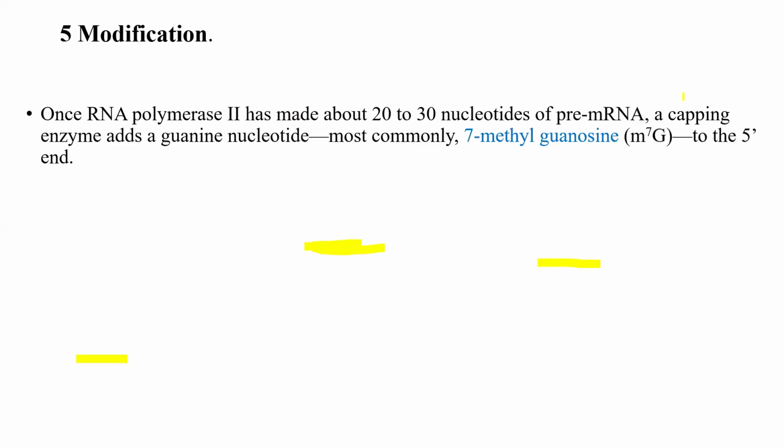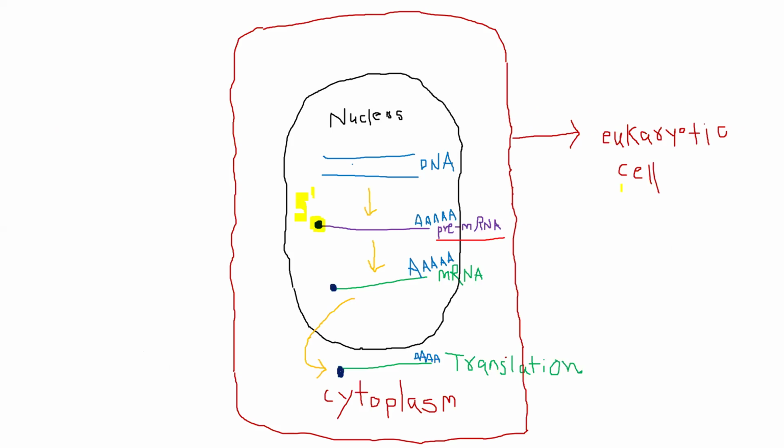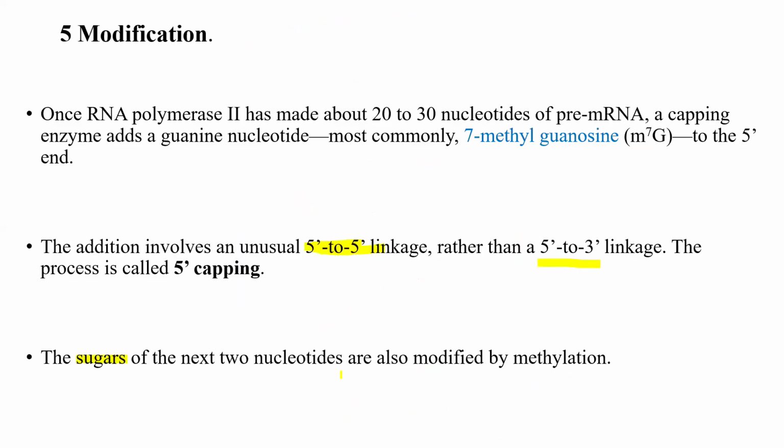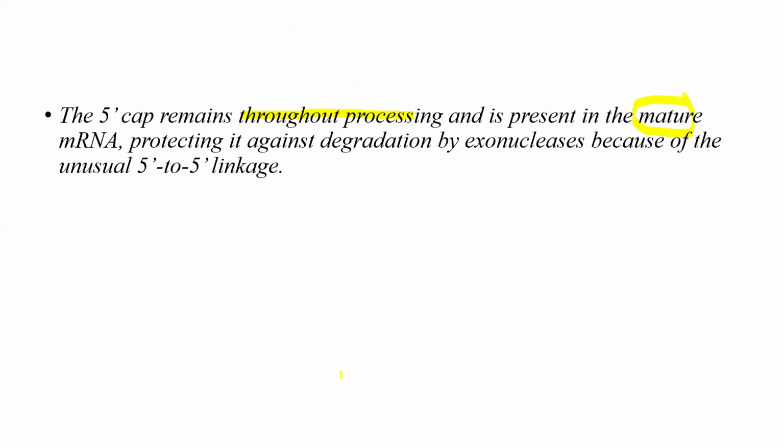So if we go back to this diagram, this cap is being added when the pre-mRNA was made, or when 25 to 30 nucleotides of pre-mRNA have been synthesized, but this cap remains in the final mature mRNA. It remains throughout the processing, and we can see it even in the mature mRNA, which has been exported to the cytoplasm.